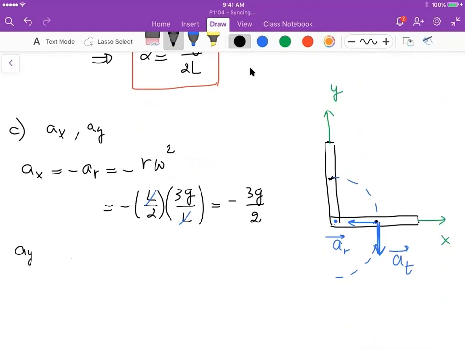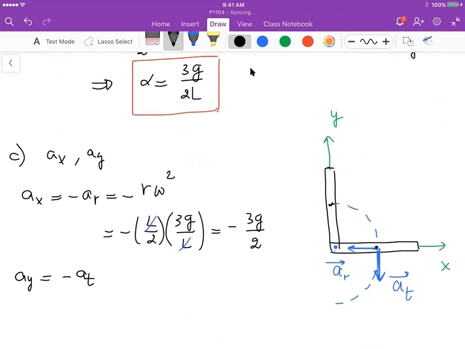Now ay is equal to minus at, because the only acceleration vector along the y-axis is the tangential one, and it's pointing downward. So ay equals minus r multiplied by alpha.